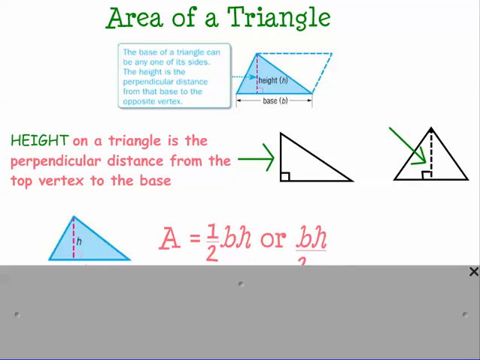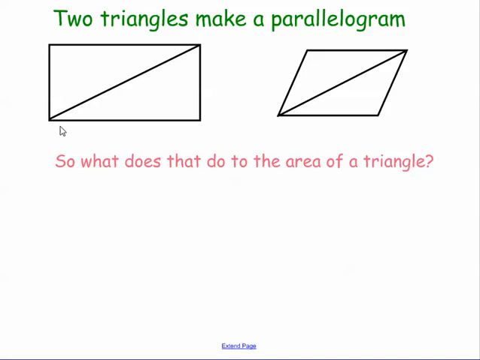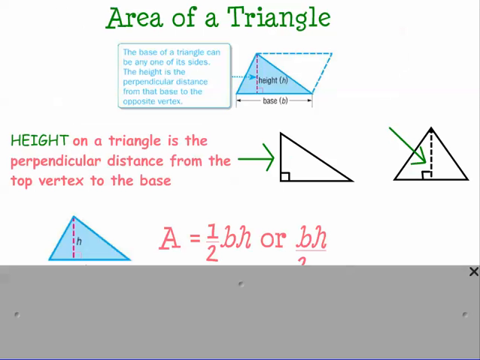So do you see why I'm dividing it in half? Because over here, if I multiplied base times height, that would give me the area of this rectangle. But then if I take half of it, that's going to give me the area of just this triangle. Okay? So on your paper, the area of a triangle is 1/2 the base times the height.